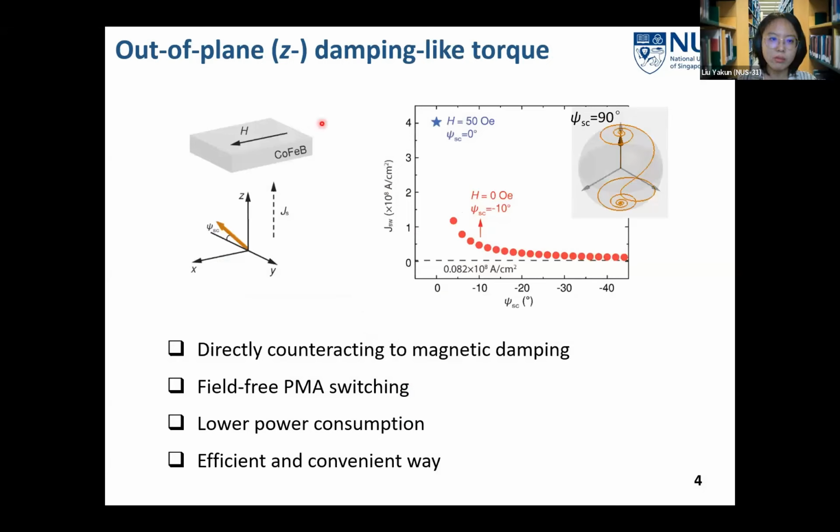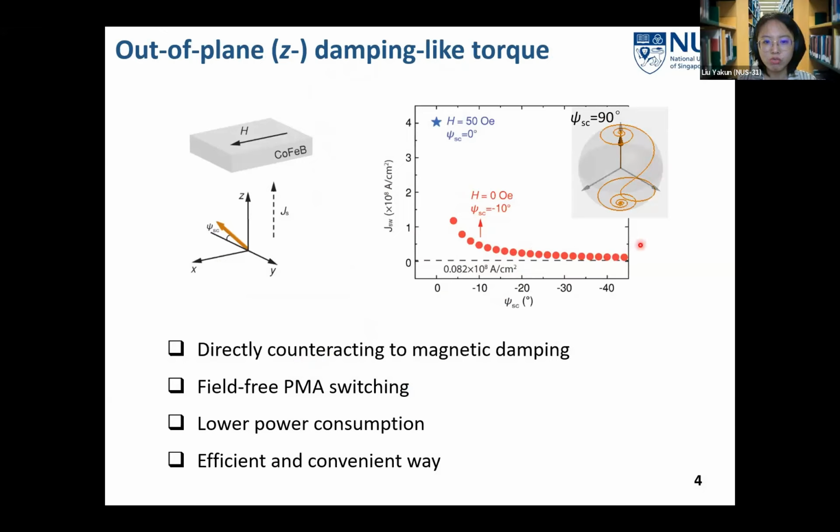The out-of-plane spin, or we call it the Z damping-like torque, offers a more efficient approach. In this case, the out-of-plane damping-like torque directly counteracts the magnetic damping, and the switching of PMA ferromagnetic materials can be achieved at zero field. Meanwhile, this is a very low power consumption switching method.